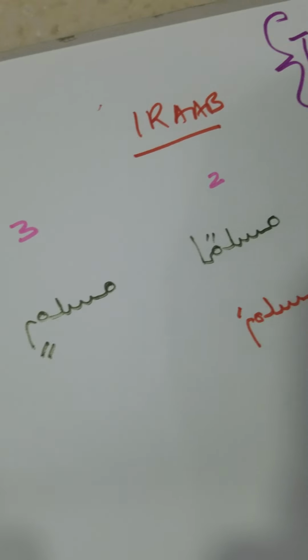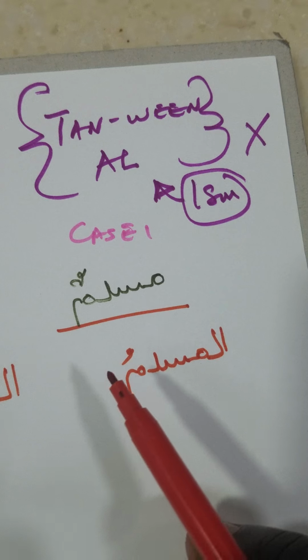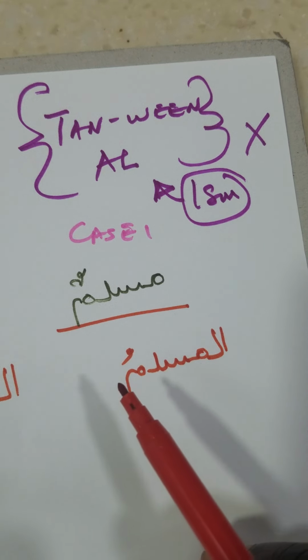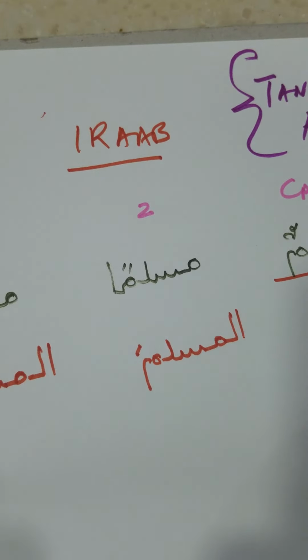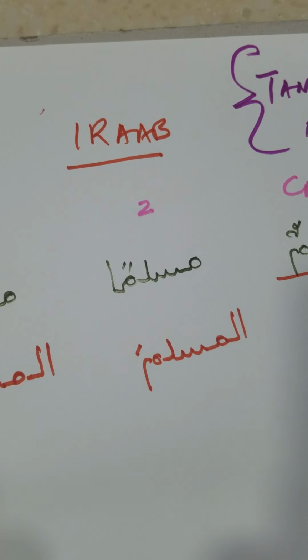So not, because what does this rule say? That tanween and al cannot appear on the same ism. So now when you're making this definite, you'll not say al-Muslimun. No, it will be al-Muslim, and this one will become al-Muslima.